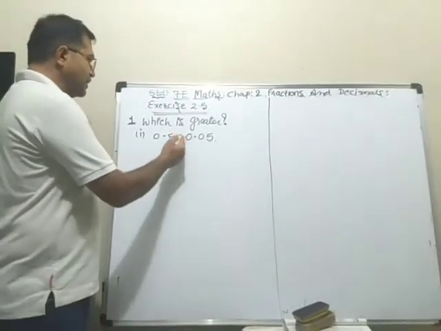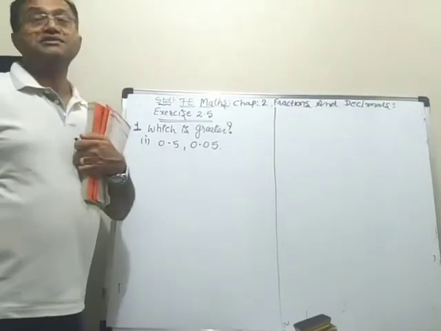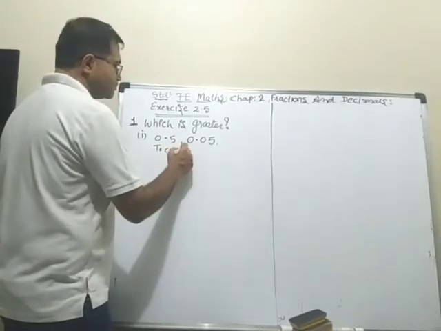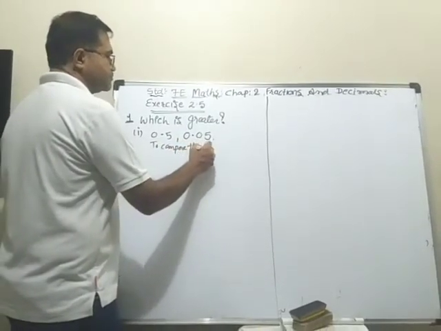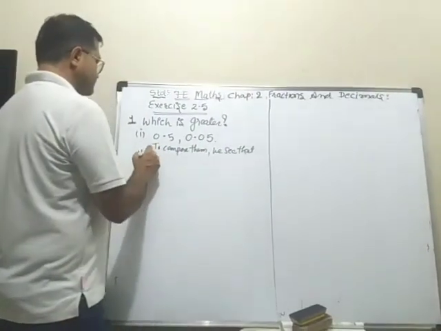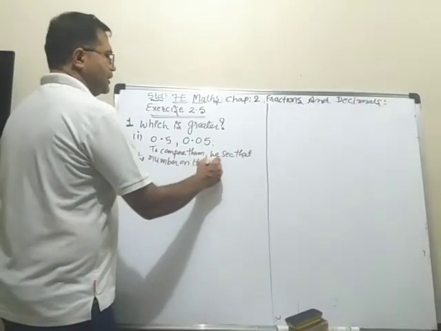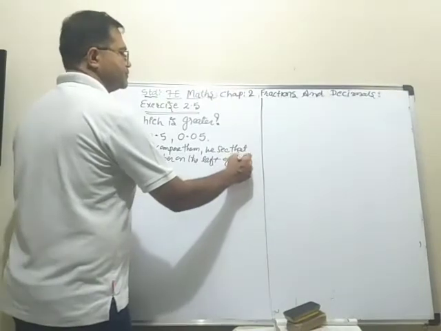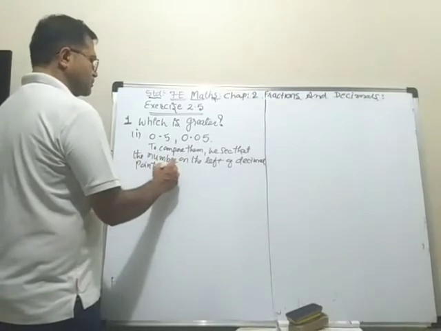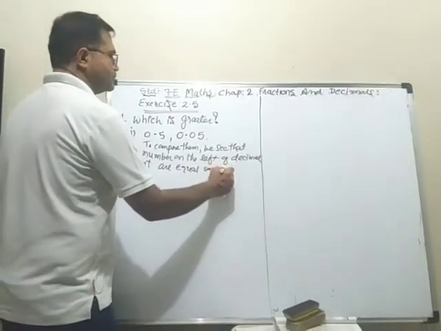Now here you can see that on the left side the digits are equal, so we have to go to the right side. To compare them, we see that the numbers on the left of the decimal point are equal, say 0.